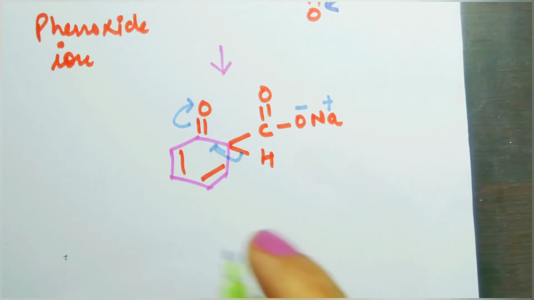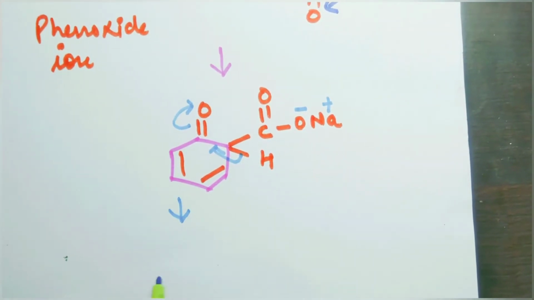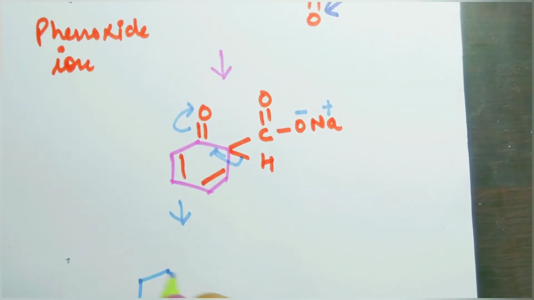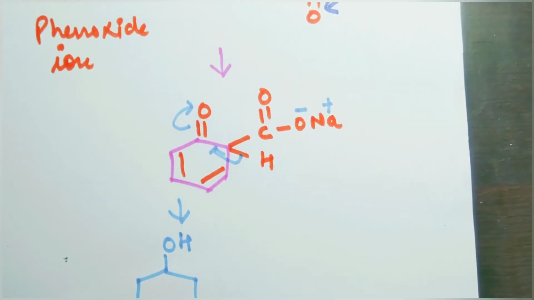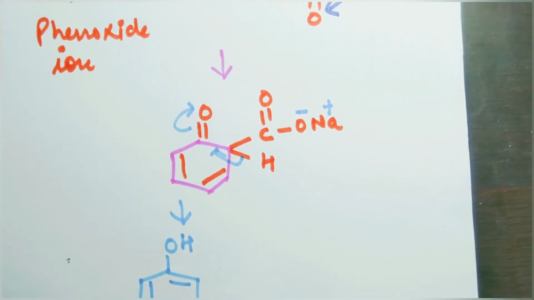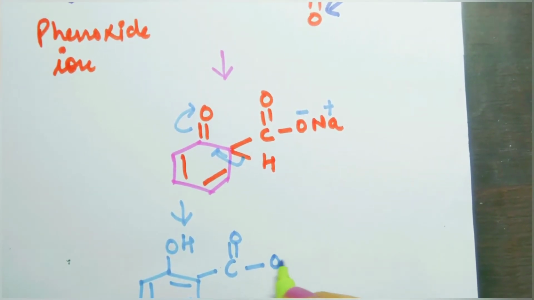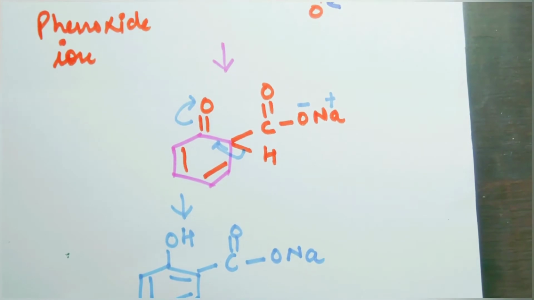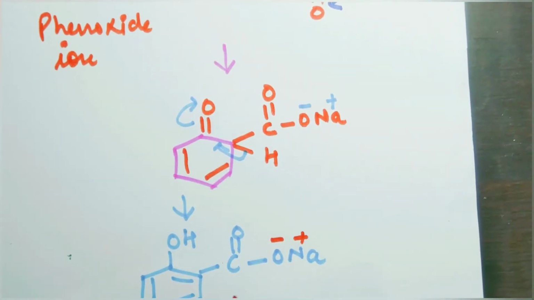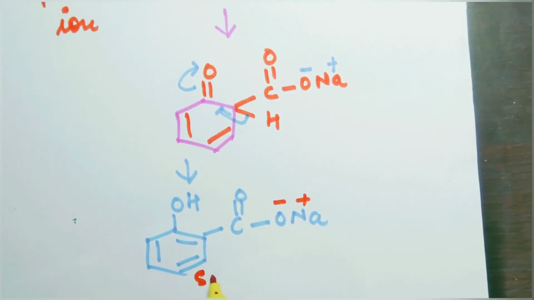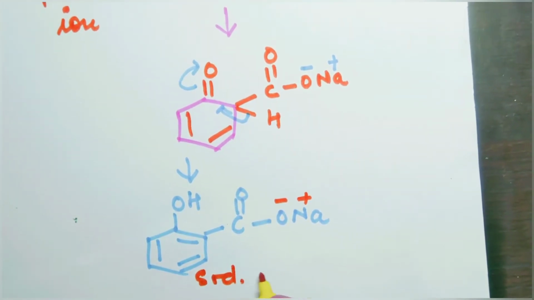So after this, what we'll be having here is OH. Okay, here C double bond O and ONa with the same charges. Okay, this is your sodium salicylate.